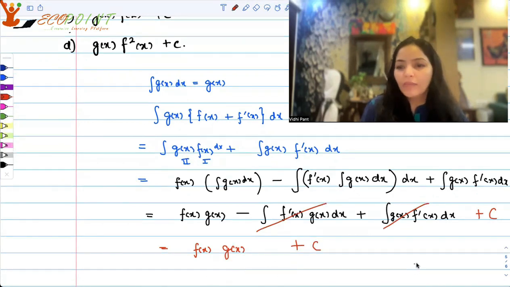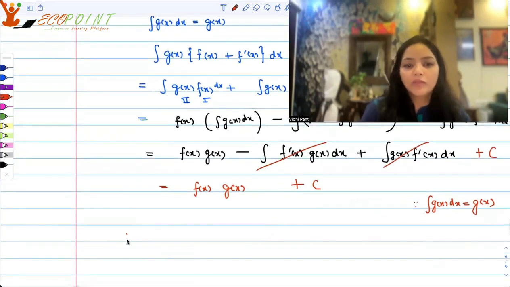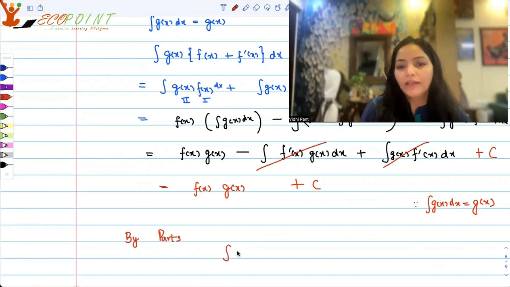And this all is happening because you are given that integral gx dx is nothing but gx itself. So it's purely an application of by parts. Let me just make you guys write down by parts once. So you have integral of first function, second function.